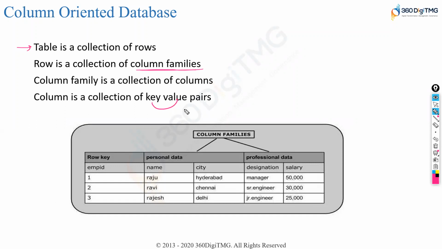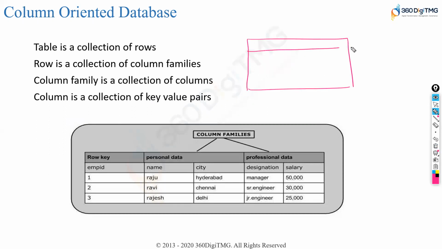Column families probably is a new terminology for you people. When we talk about RDBMS, you don't have something called column families. You only have columns. Now, if you look at this employee table, in the employee table, I'll have multiple fields, right?